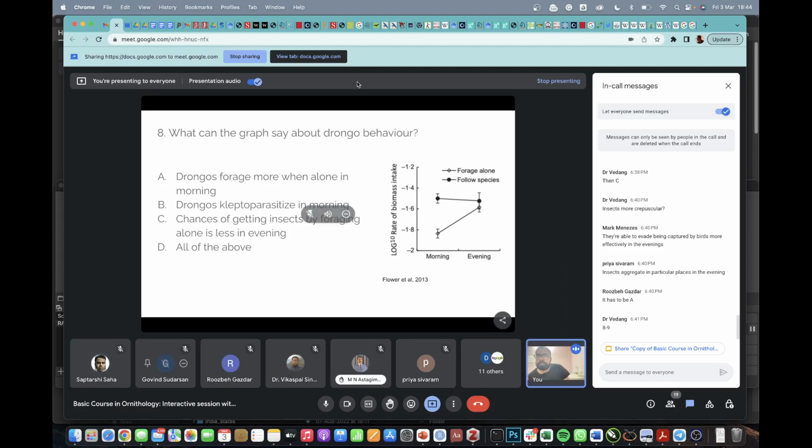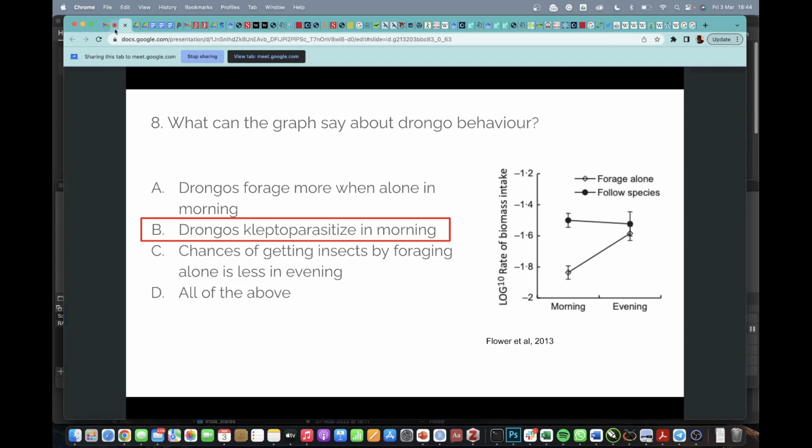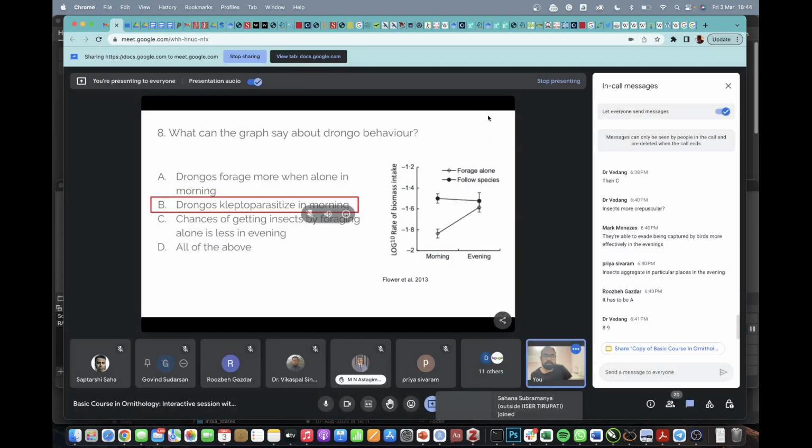So yeah, let's look at the answer. So the answer is B. Kleptoparasitize in morning. Forage more when alone in morning is untrue. It forages alone.